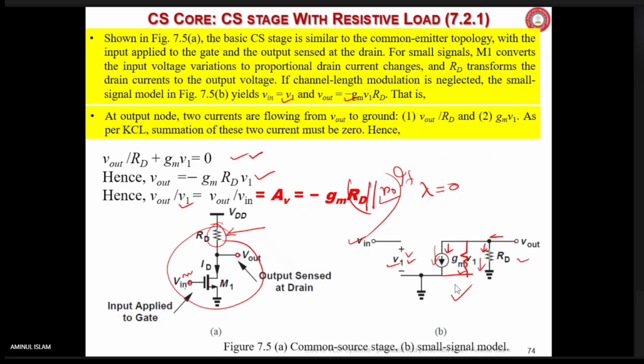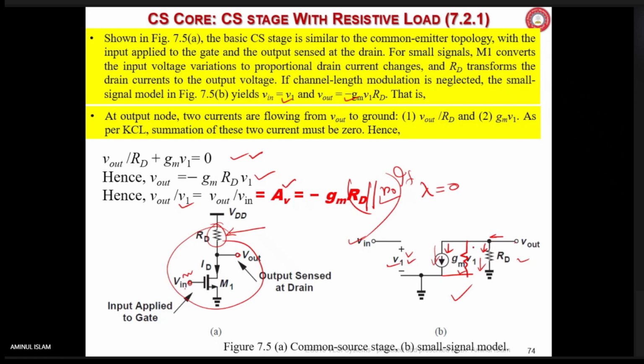KCL applied at the output node, and we are writing V out by RD plus GM V1 equals to 0. Hence, V out equals to minus GM V1 into RD. Hence, V out by V1 equals to V out by V in, which is nothing but the gain of this amplifier, equals to minus GM RD.